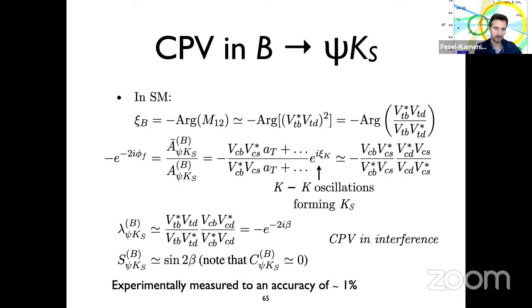CKM element products and ratios, which is nothing else but the minus e to the minus 2i beta angle of the CKM triangle.